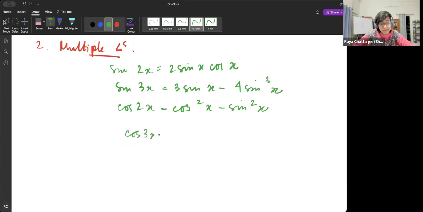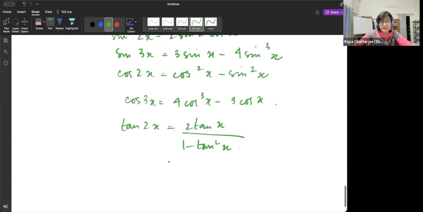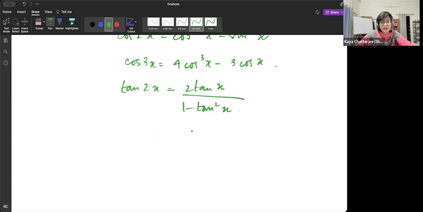Cos 3x is 4 cos cube x minus 3 cos x. Tan 2x is 2 tan x over 1 minus tan squared x. So that is basically what the multiple angle identities are.